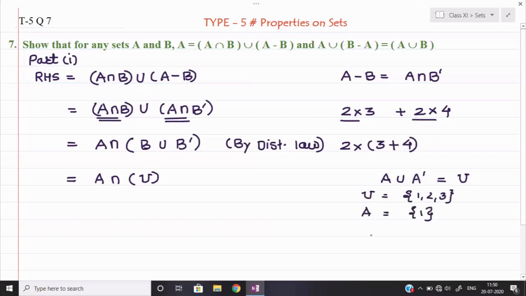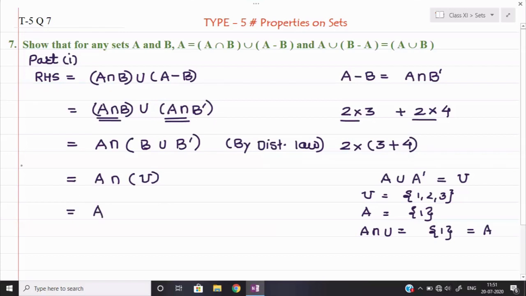What will be A intersection U? That will definitely be 1, which is equal to A. So it will also be equal to set A. The intersection of the universal set and any other set will be equal to A. That I think we have covered just now.